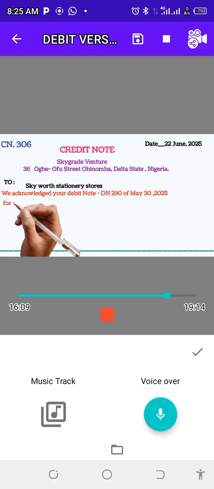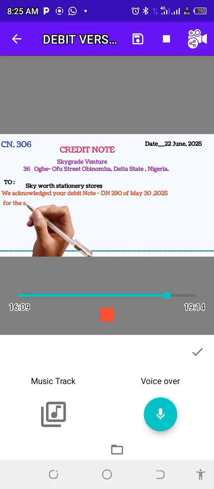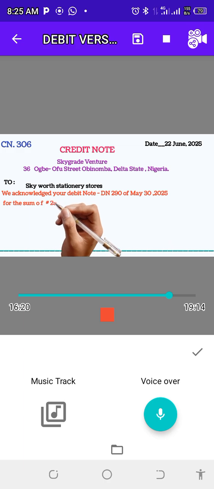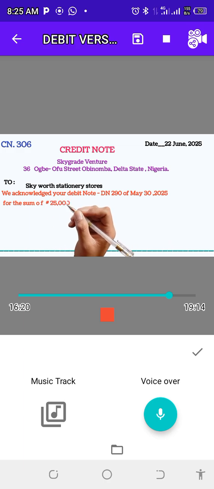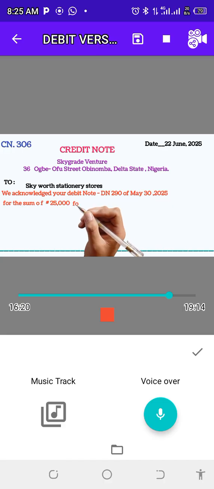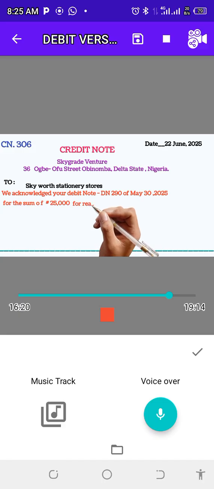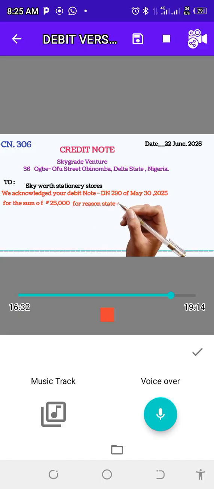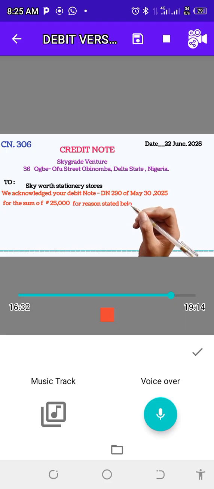What are the reasons stated for the debit note? The reason is return of one defective Sanyo radio set.